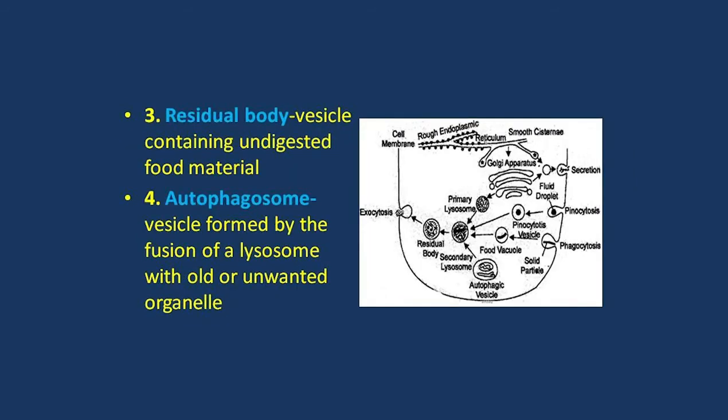Number three, residual body, a vesicle containing undigested food material. Number four, autophagosome. It is a vesicle formed by the fusion of a lysosome with old or unwanted organelles.